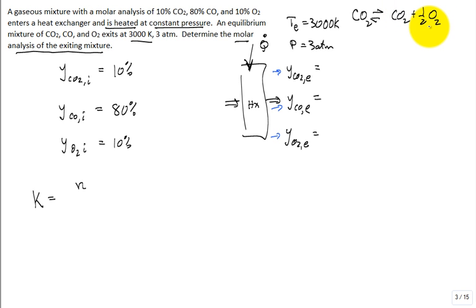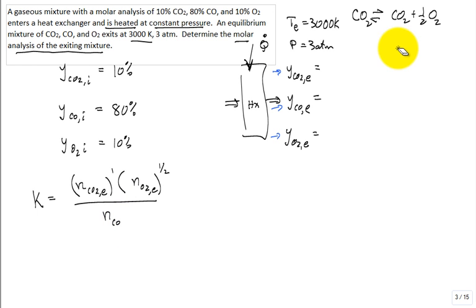All right. So K equals the number of moles of carbon monoxide exiting, raised to the 1 power, times the number of moles of oxygen exiting, raised to the 1/2 power, divided by the number of moles of carbon dioxide exiting, raised to the 1 power.